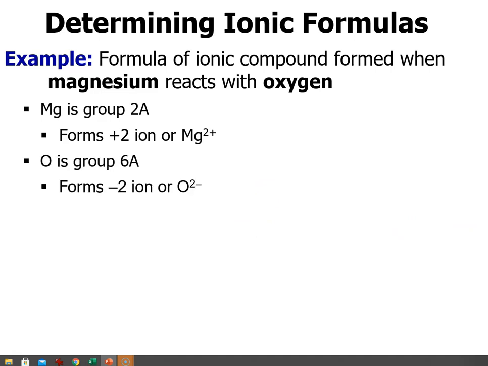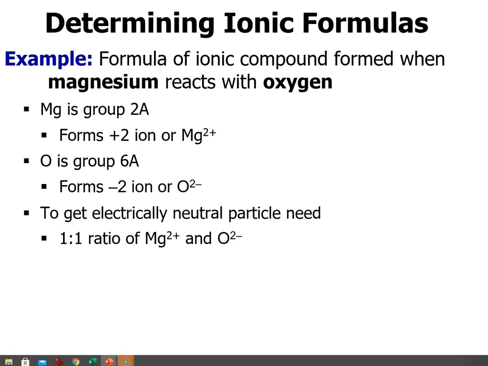And oxygen is in the 6A column, a couple groups away from the noble gases, so it's going to form a -2 ion. So these two coming together, if we have a 1-to-1 ratio, gives us an electrically neutral particle. And so the formula is going to be magnesium oxide, MgO. That is how we would put those together. It's the simplest form with the lowest whole number possible for both of those.